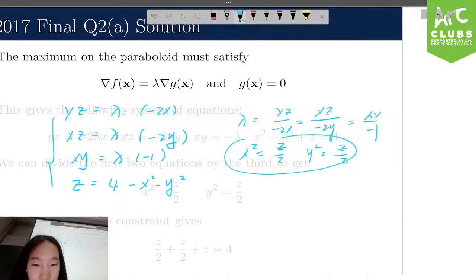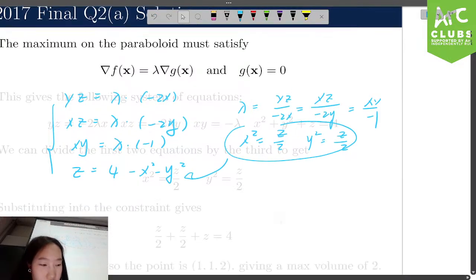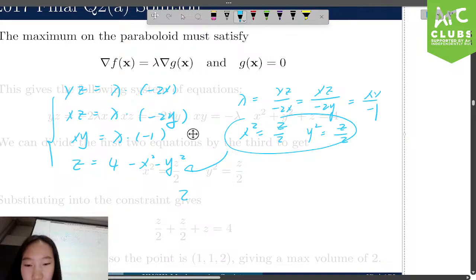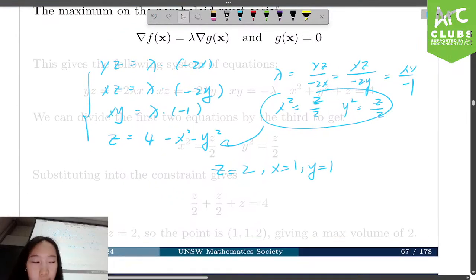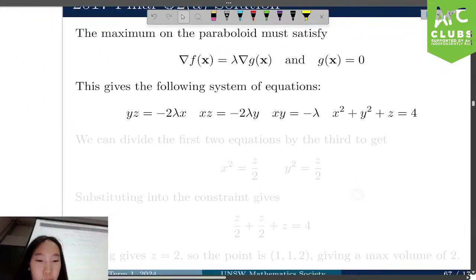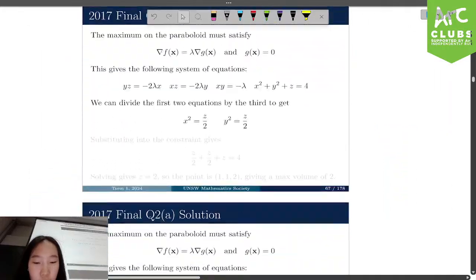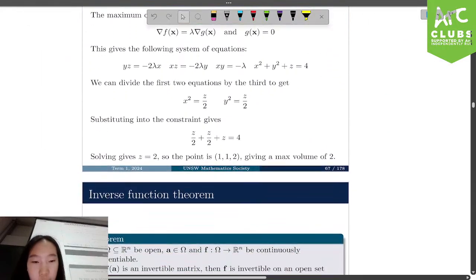Plugging those 2 values into our constraint over here, finally we get z equals 2, and our x accordingly is 1 and y is equal to 1. So our maximum value would be 1 times 1 times 2, which is 2. So here we are, our maximum value is 2.